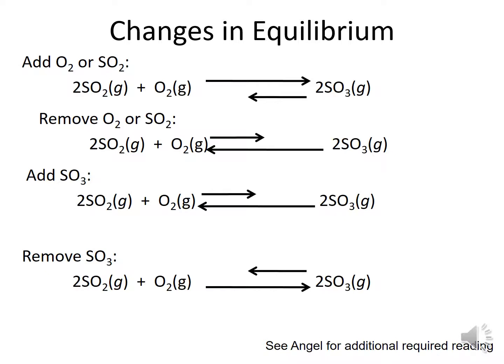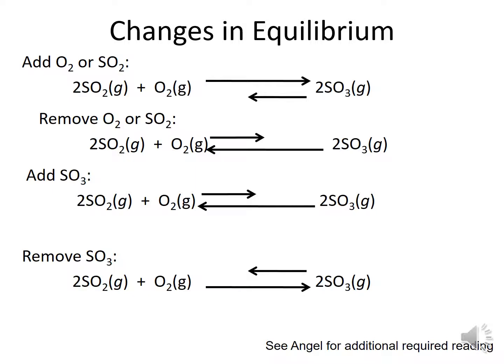We will say that the equilibrium is shifting to the right because more SO3 is being produced than is being used up. At some point, the amount of SO2 and O2 and SO3 will reestablish equilibrium once you've used up some of the extra reactant that you've added. So in the end, at equilibrium, you'll have more SO3 than you had to start with.